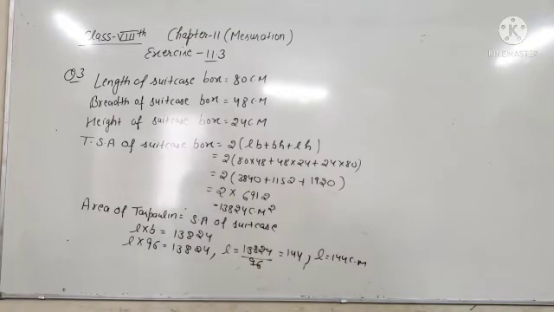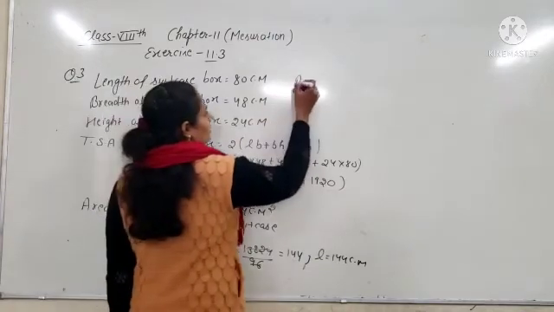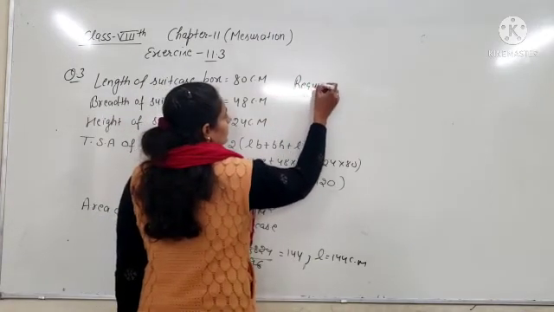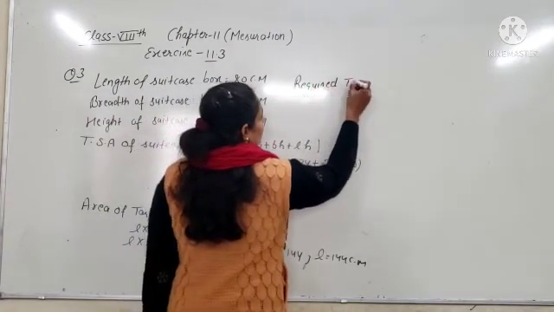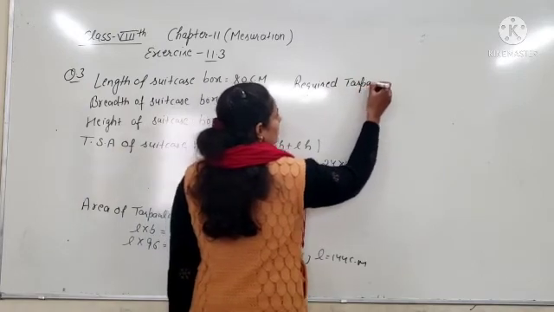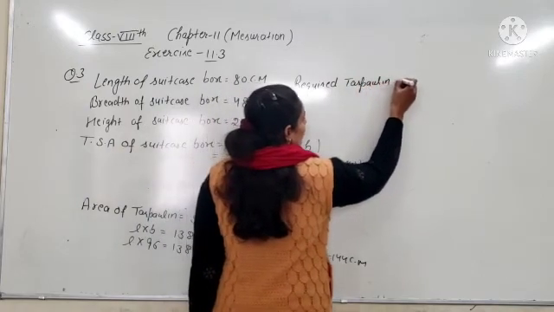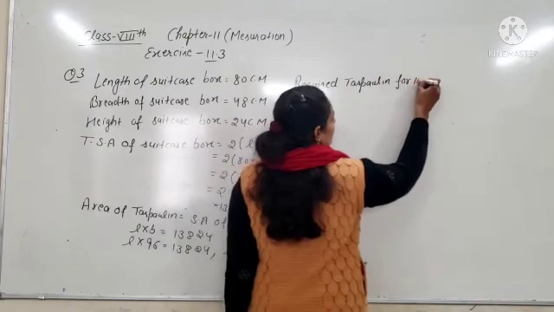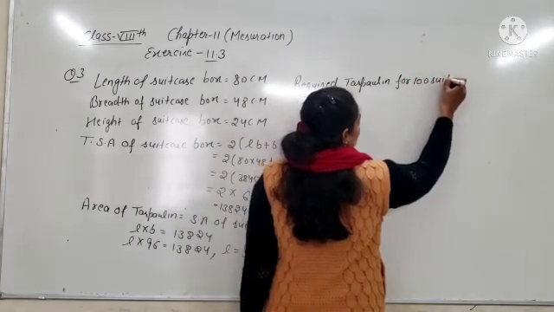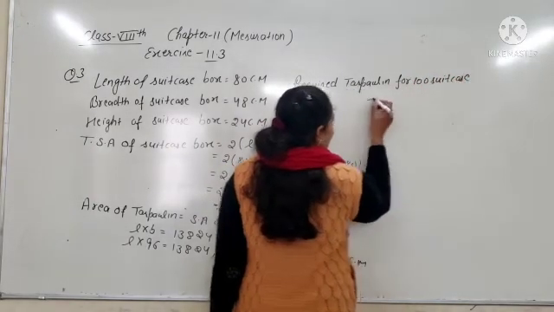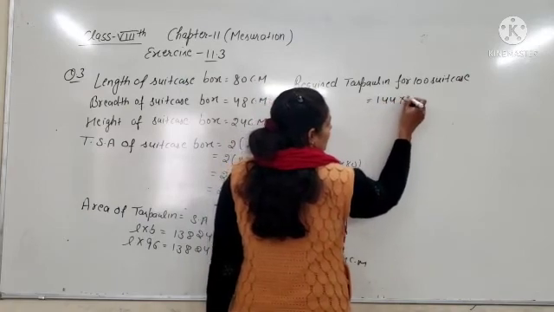But you have to find out how much tarpaulin is required for 100 suitcases. So you will write down required tarpaulin for 100 suitcases will be 144 into 100.